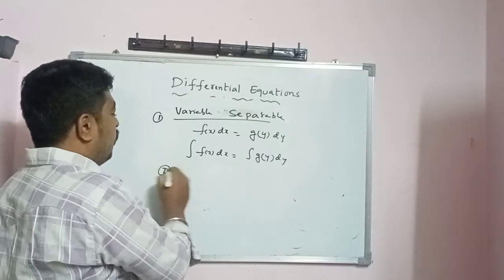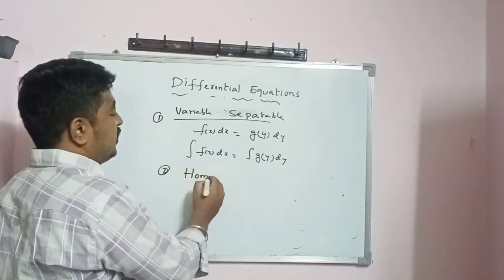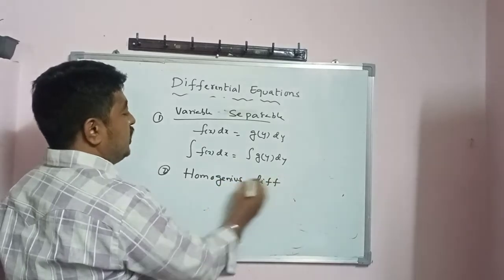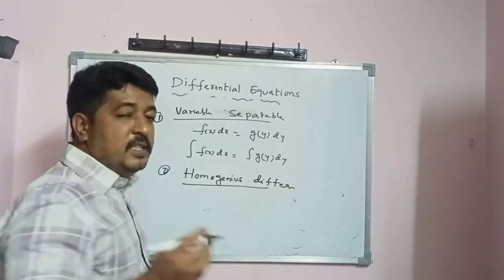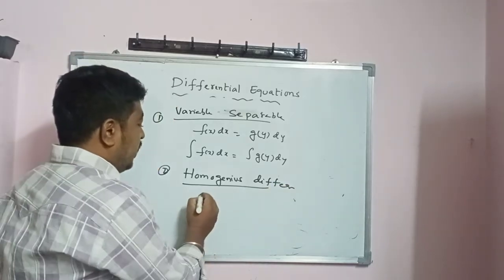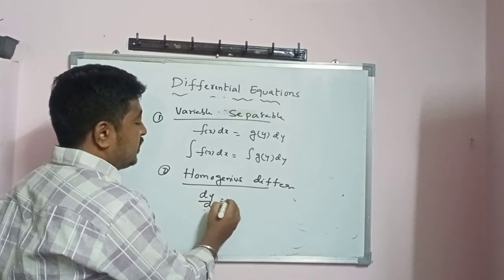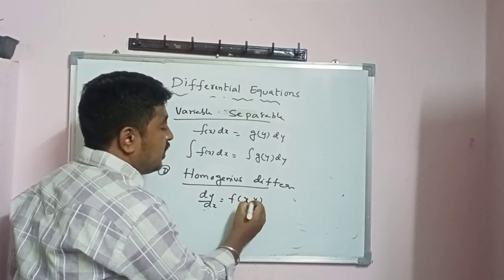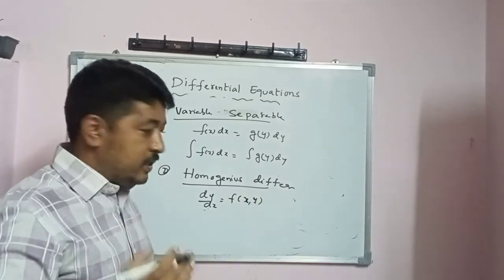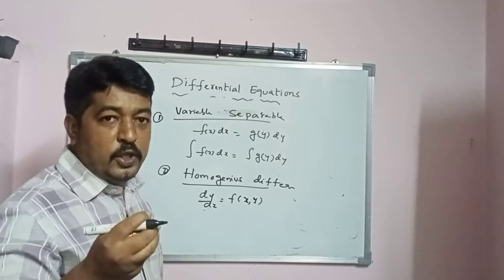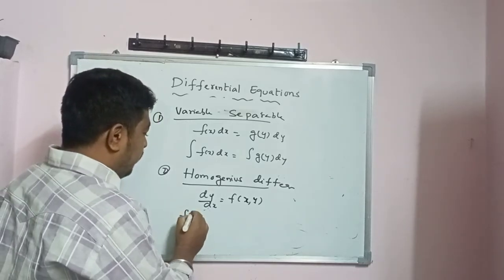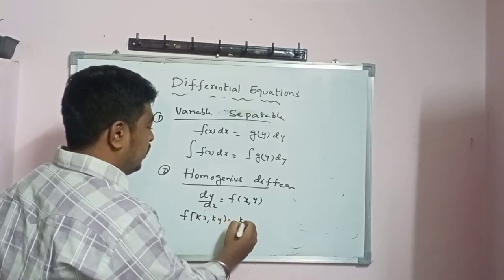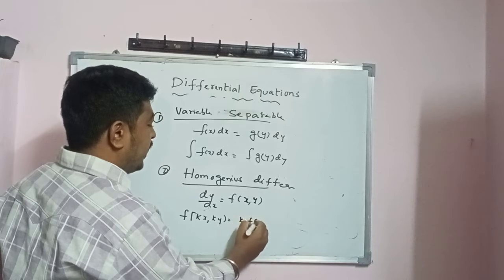Next we go for homogeneous differential equations. Homogeneous differential equations means dy by dx is f of x comma y, where x and y have the same power. Homogeneous means same, so f of kx comma ky gives k into f of x comma y.